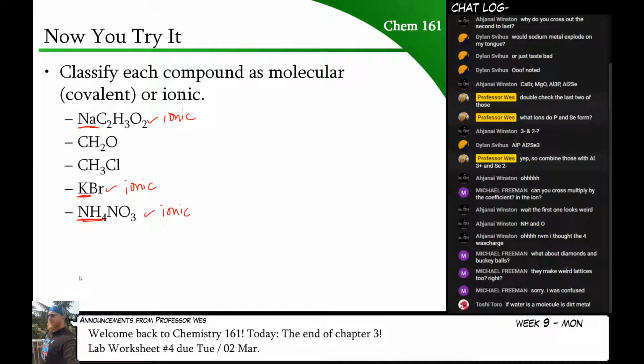And then anything that isn't ionic will be covalent for our class. All right. Any questions about ionic versus molecular? You'll have to just be able to differentiate between them on the quiz.